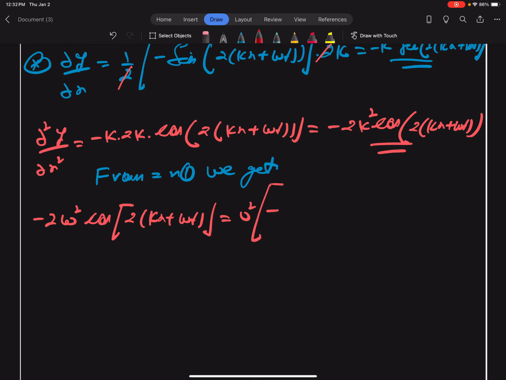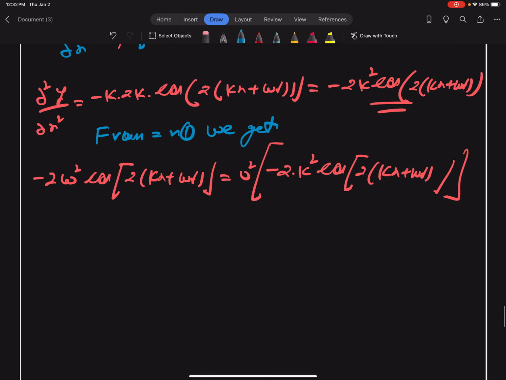Here also minus 2k square cos of twice kx plus omega t, and this gives us that our omega square is equal to v square multiplied by k square.